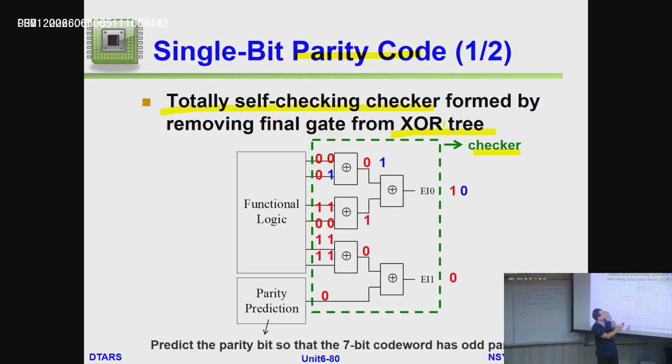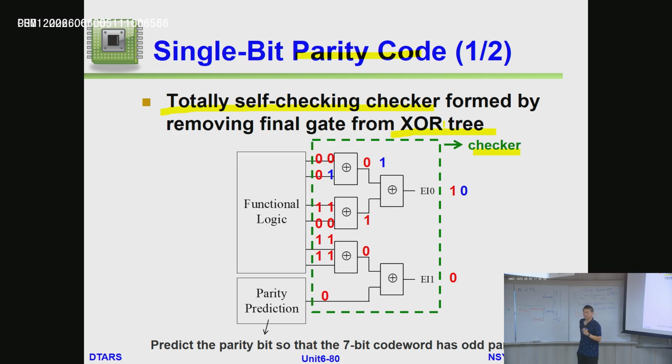In this case, we know from these parity bits that there are some errors in the output because the parity is changed. But can we correct it? Can we use this parity code to correct your output? No, very difficult. Impossible. We can just know there are some errors, but we don't know the location, right?